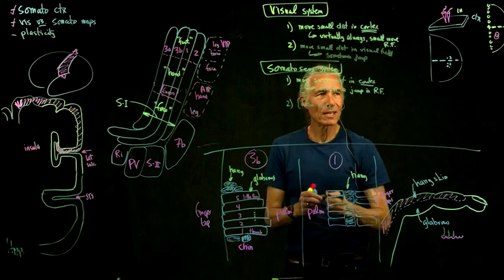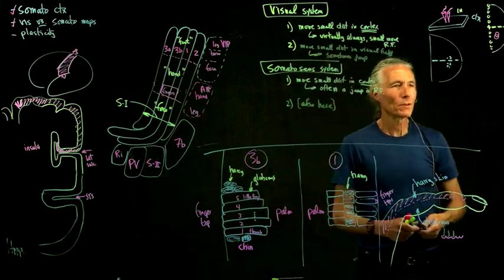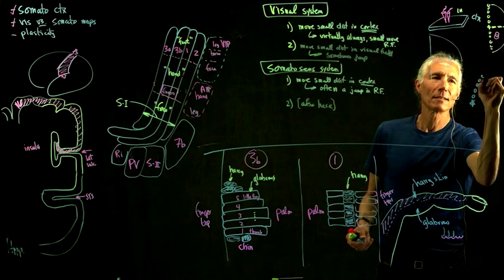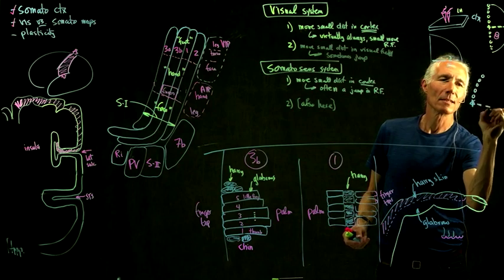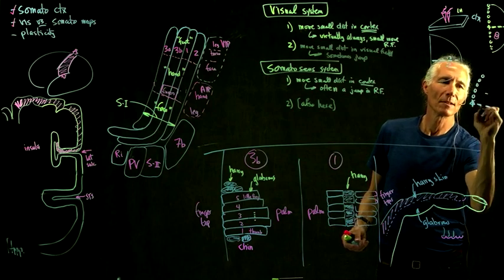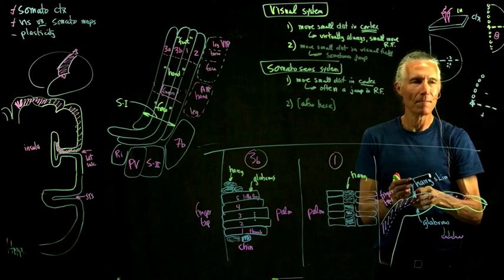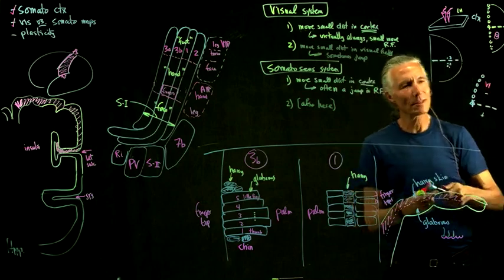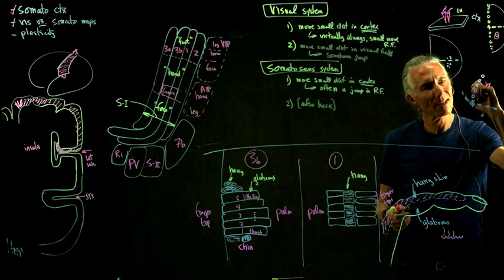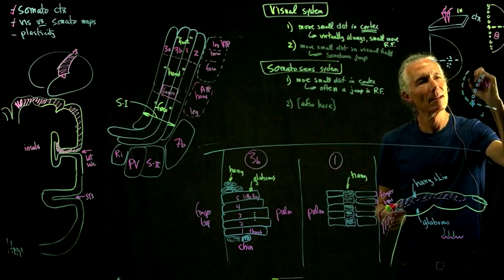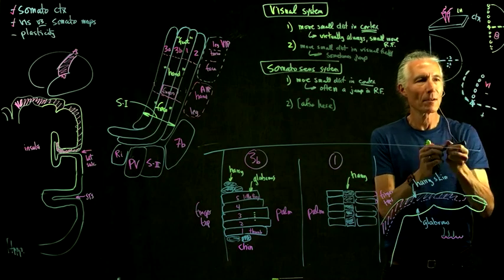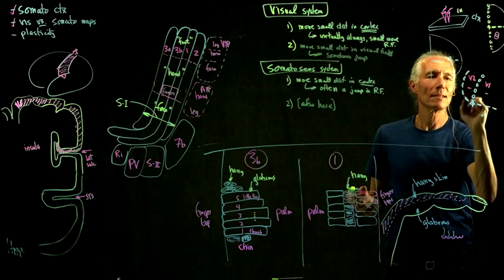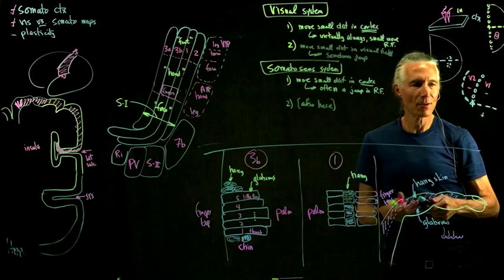So let's just take an example. If you look at V1 in the cortex, it looks like this. There's the lower field and the upper field. That's V1. And then we know that V2 has this split in it right here. It's split so that the lower field part of V2 is in a different place than the upper field part of V2.